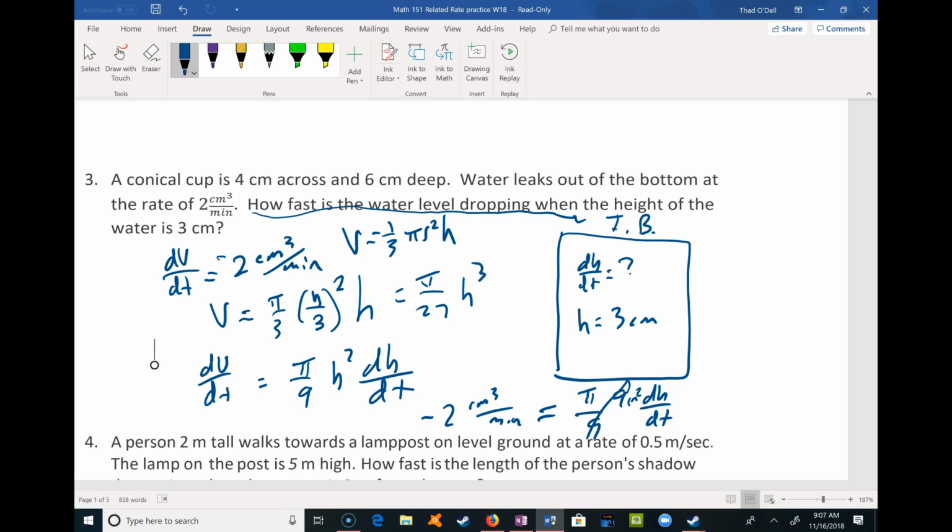So notice when I divide by pi centimeters squared, that'll leave me with just centimeters per minute, which is good because I'm talking about change in height, right? And I would get -2 over pi, and that's equal to dh dt.